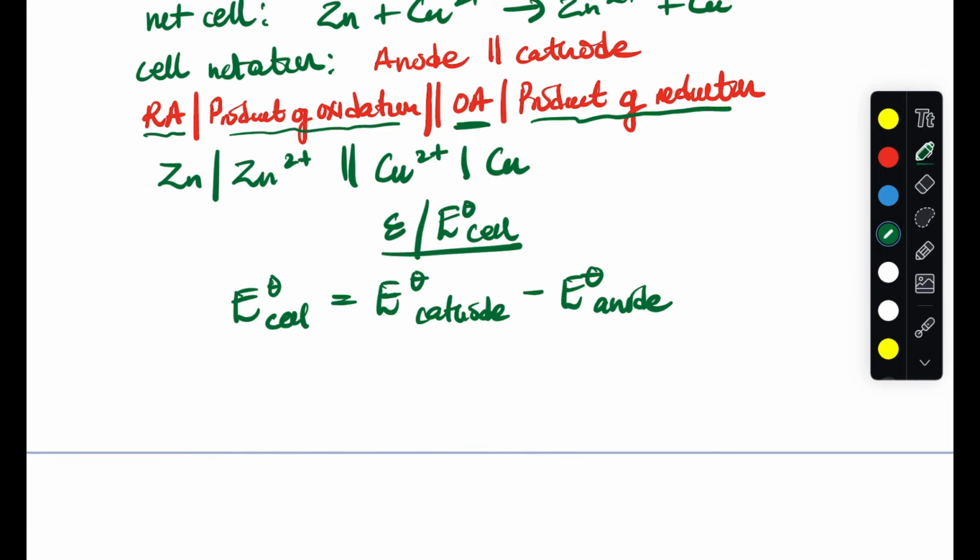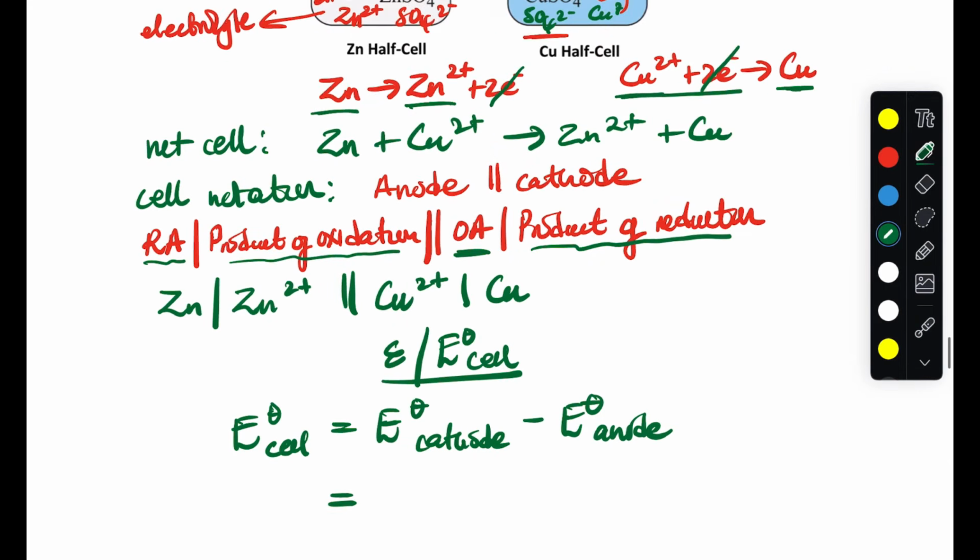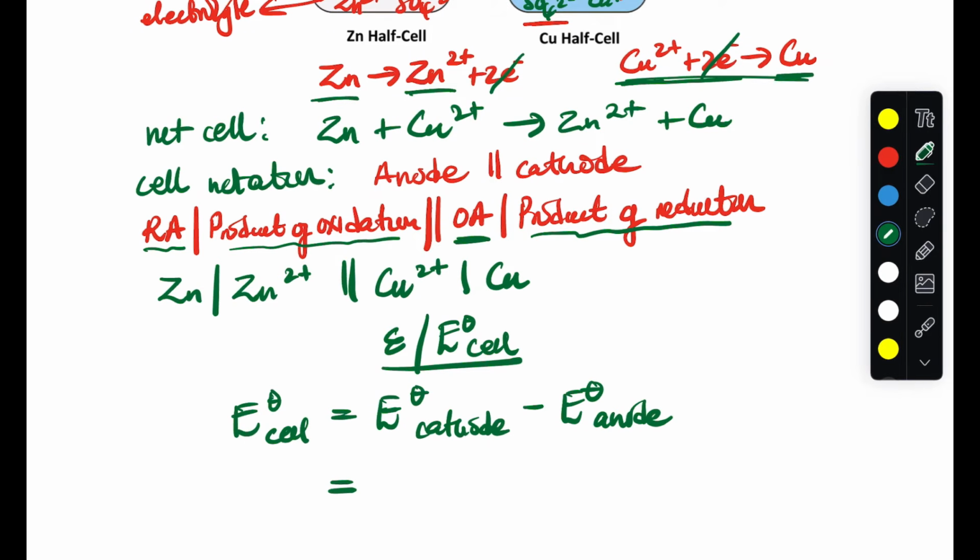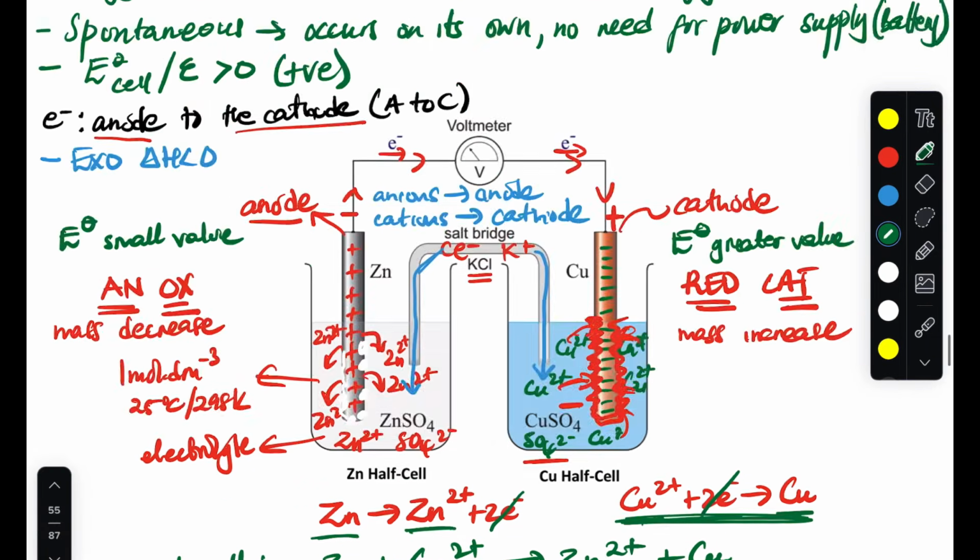Guys, this is one of the formulas, and it's the easiest. Make sure you write cathode in full and anode in full, not abbreviated. So when calculating for the above cell, the cathode was the copper.